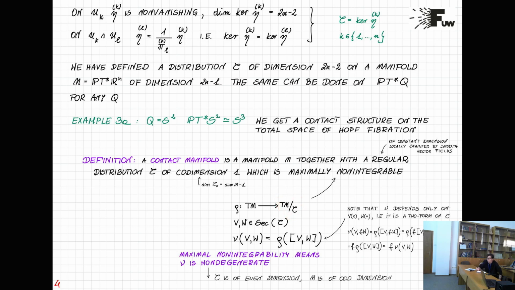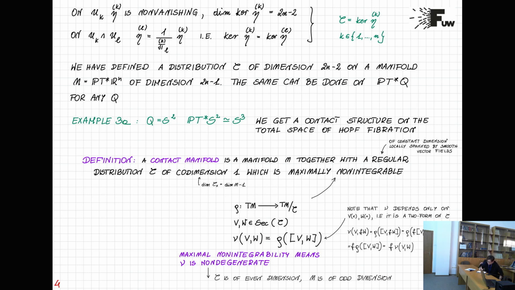And now let us define a certain two form on C only, with values in this line bundle. We will see in a moment that this is really a two form, so it depends only on the arguments, on vectors at one point. However, it is easier to define it using local vector fields.